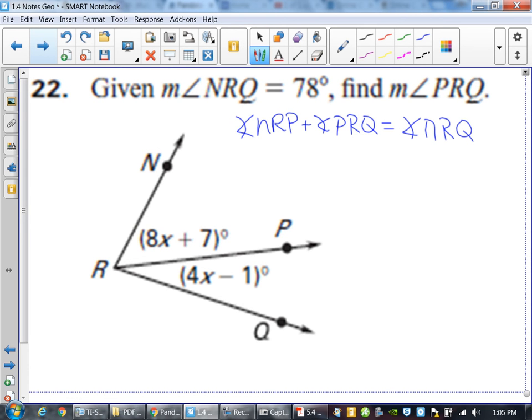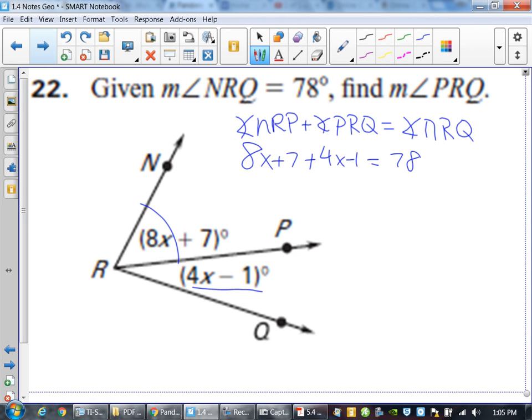Personally, I probably won't do that very often because there's a lot of letters, a lot of symbols, but I can just recognize that I've got two chunks to equal the whole and just do that right off the bat. 8x plus 7, 4x minus 1 equals 78. And now you're at a two-step algebra problem.